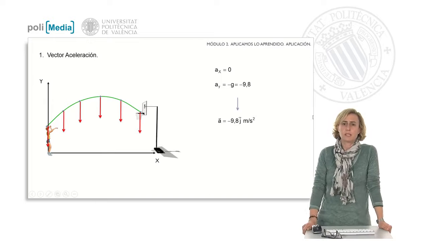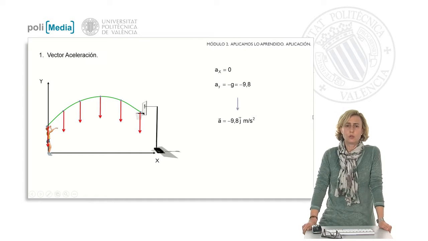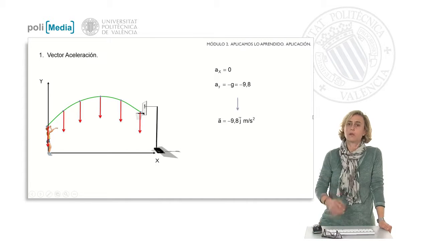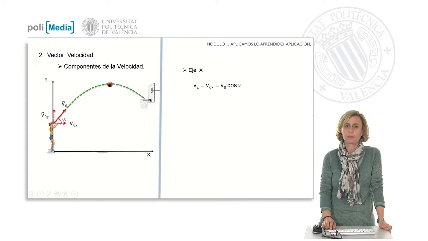Therefore, the acceleration vector will be minus 9.8 j in meters per second squared. The vectors shown in red are the acceleration vectors at different points along the trajectory we think the ball will take, although we will calculate it later.